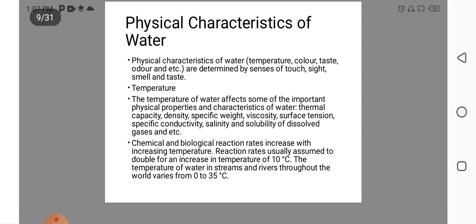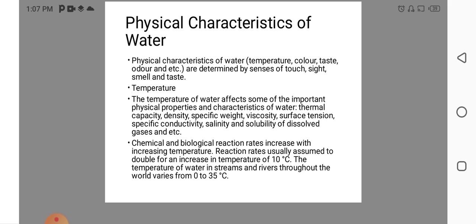Physical properties are temperature, color, taste, odor, etc. These are determined by the senses of touch, sight, smell, taste.